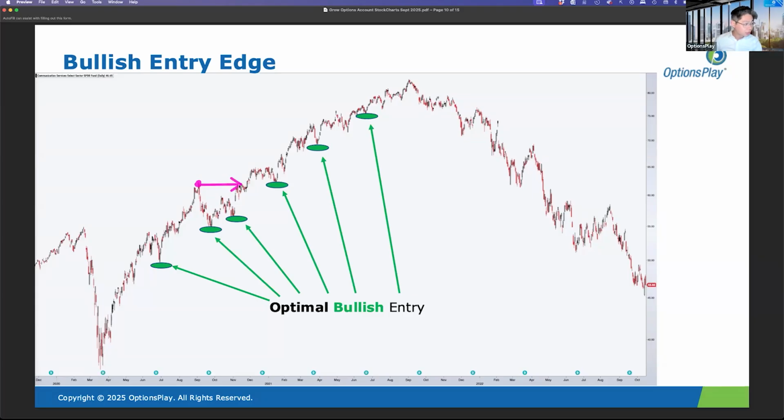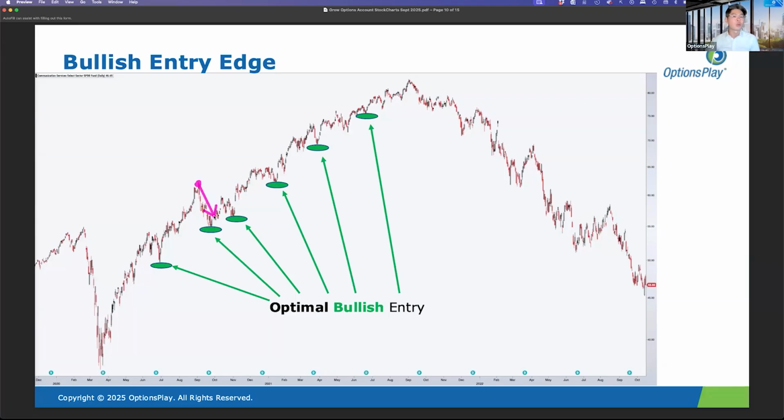And maybe you would have eventually, even in the worst case scenario, turned a profit on this particular trade, but you would have had to sit through quite a bit of pain to get there. And you might have at some point stopped yourself out and said, hey, this trade's not working out, I'm going to get myself out.